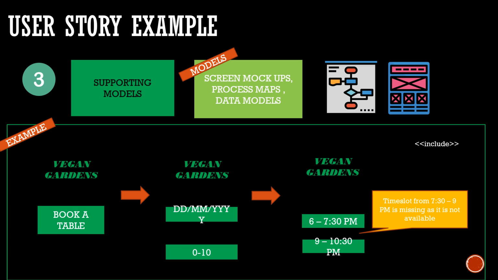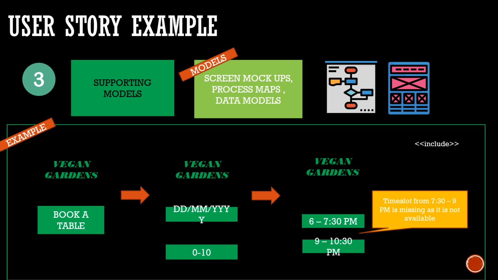So an example is, the first box is just a mock-up of the Vegan Gardens mobile app. So this is a book a table button. When a customer clicks on it, they are directed to a screen where they can select the date and the number of guests, and once they select the date and number of guests and click the next button, they would be redirected to another screen which shows the list of time slots which are available.